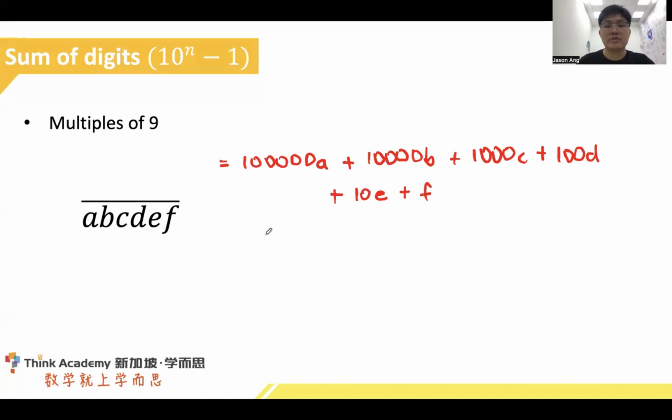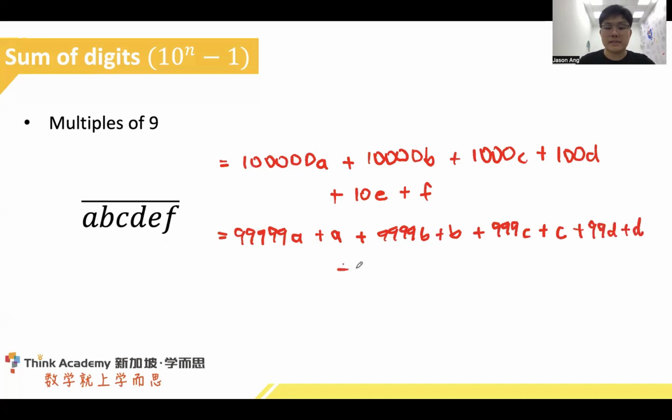But each of these can actually be broken down into 99999A plus A, plus 9999B plus B, plus 999C plus C, plus 99D plus D, plus 9E plus E, and plus F. But why am I focusing on breaking numbers into this manner here?